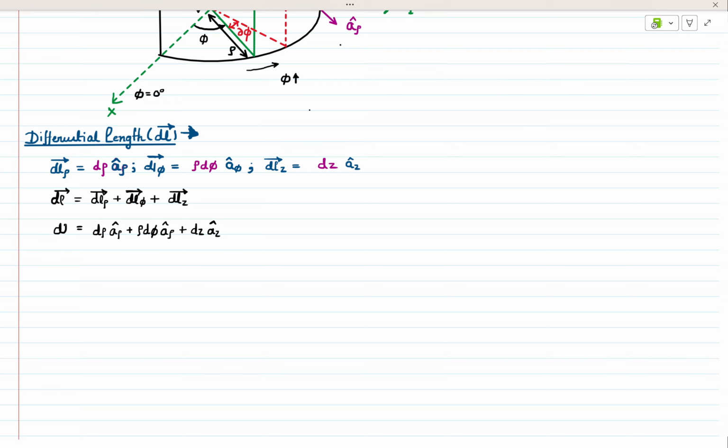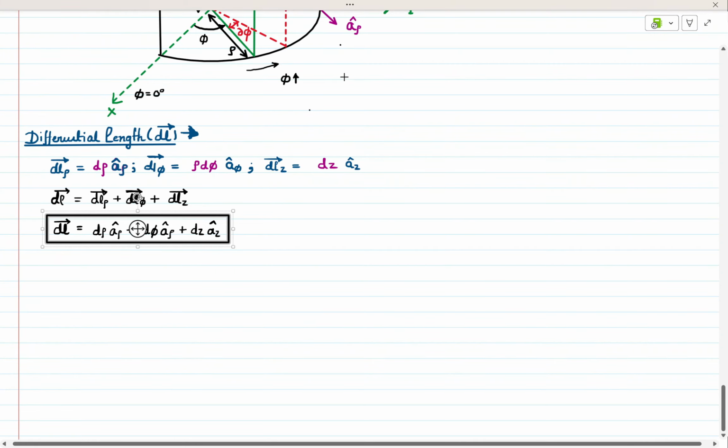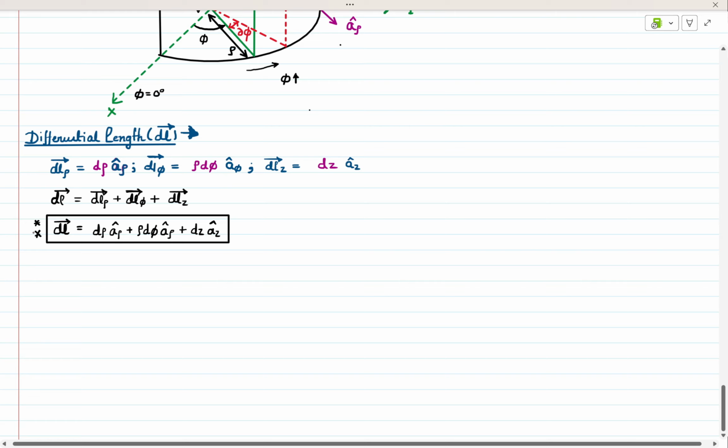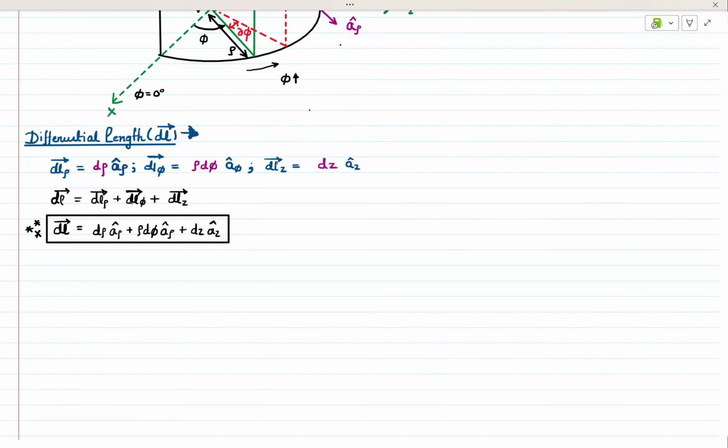That is the total differential length, and this formula is very important and useful also. You have to remember it. Remember this formula. This is the differential length.